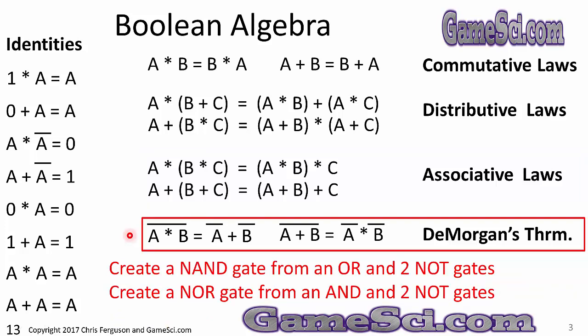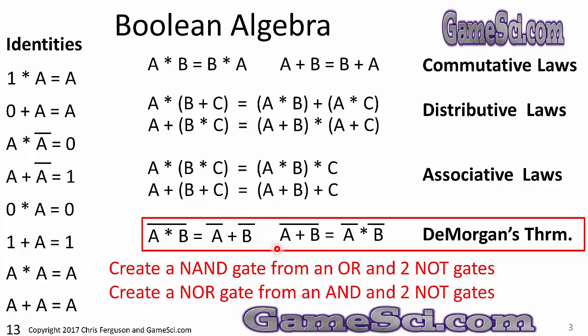De Morgan's theorem. The thing I look at when I see De Morgan's theorem is it's really creating a NAND gate from an OR and 2 NOT gates. This is a NAND gate. I can build it using an OR and 2 NOT gates.